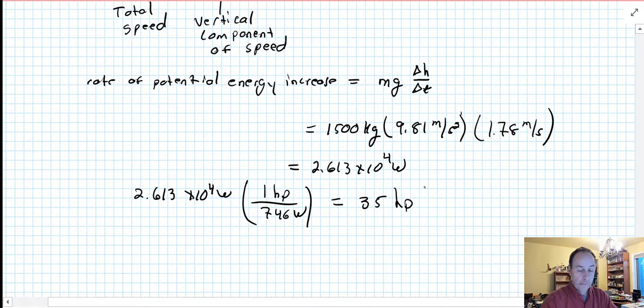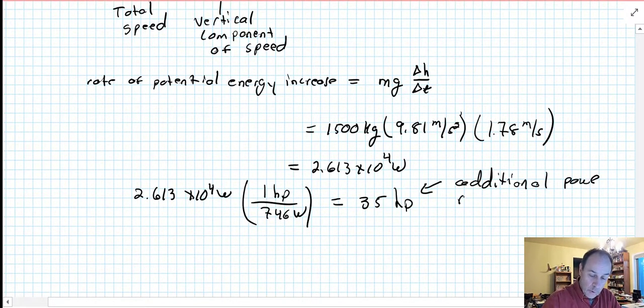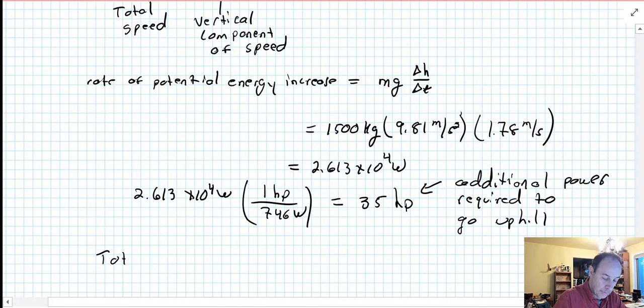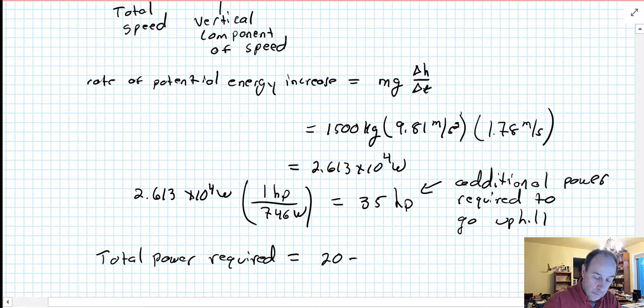This is the additional power required to go uphill. So the total power required equals the 20 from the level ground plus the 35, equals 55 horsepower.